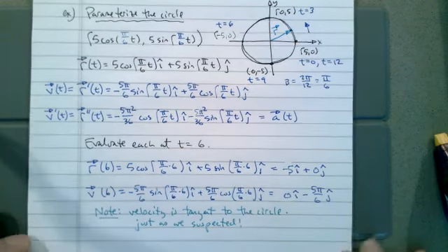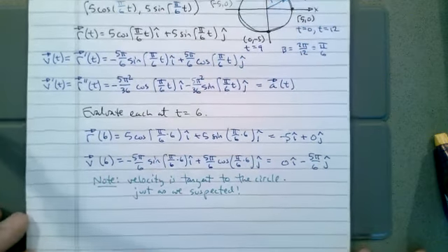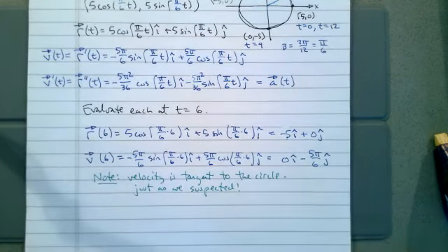And this is just as we suspected. Everything fits so far. Also, our position vector and our velocity vector, if we find the dot product, we can see that they are perpendicular. R dot v is equal to 0 because they are perpendicular. So our velocity is tangent to the circle.